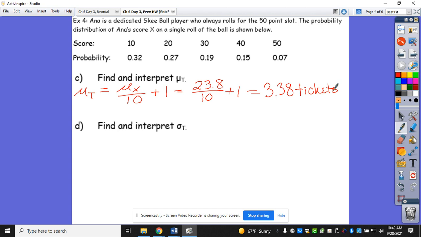Because everything with me works exactly like you would think it would. If it tells me I'm going to divide by 10 and then add 1, I'm going to divide by 10 and then add 1. Does standard deviation do exactly what it says you're going to do? No. What is standard deviation not affected by? Adding or subtracting. So for this one, your sigma of T is going to be what?